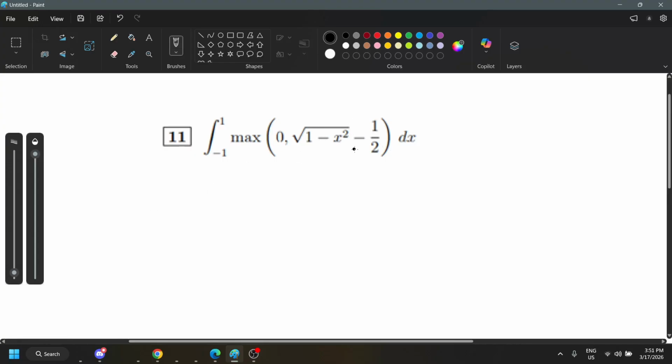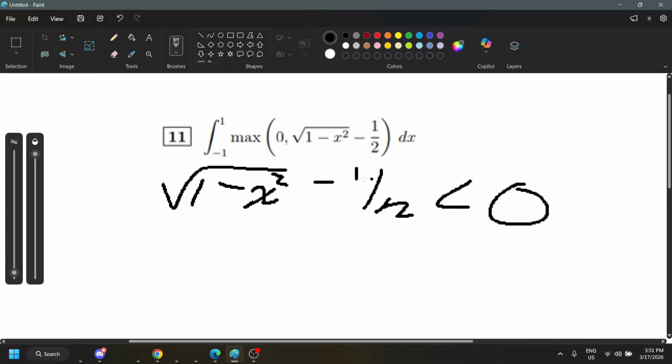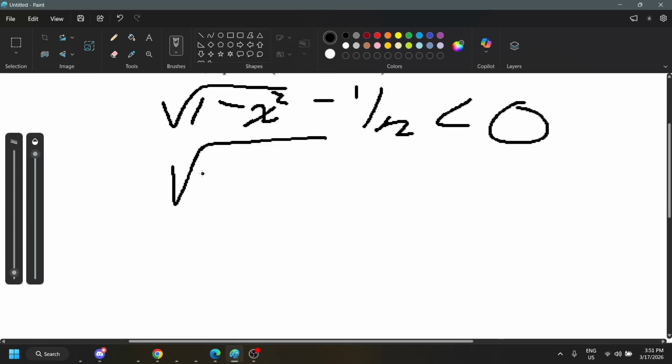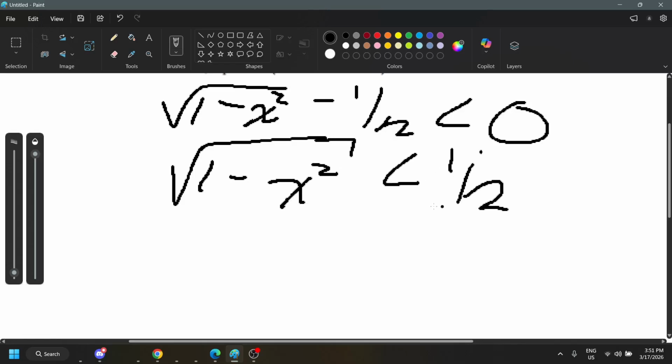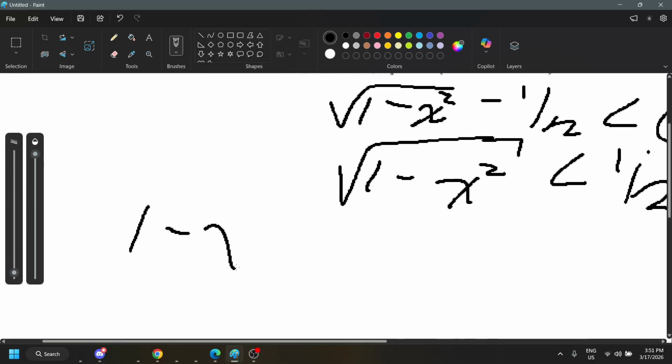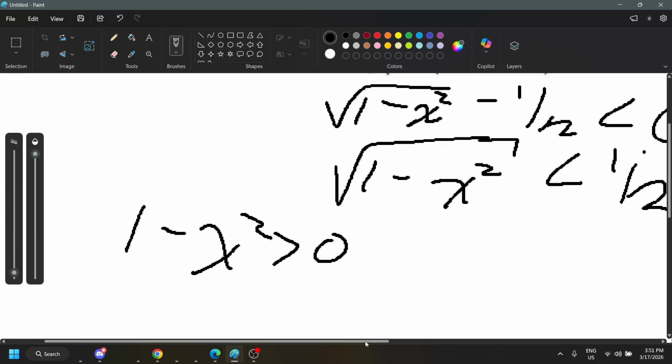So this is less than 0, 1 minus x squared minus 1 half is less than 0, is when 1 minus x squared is less than 1 half, or square root of 1 minus x squared is less than 1 half. We know 1 minus x squared has to be greater than 0.